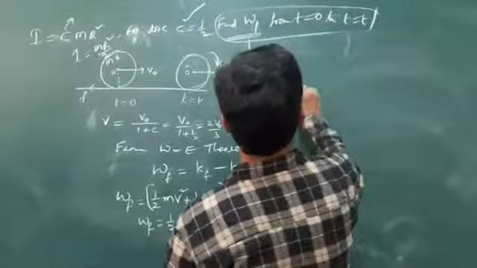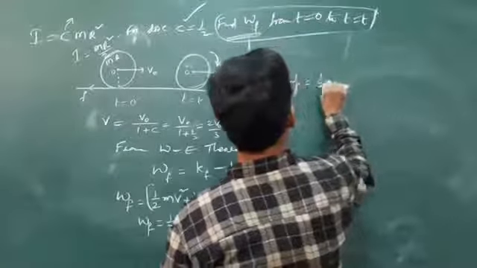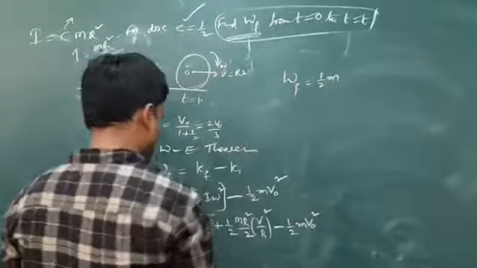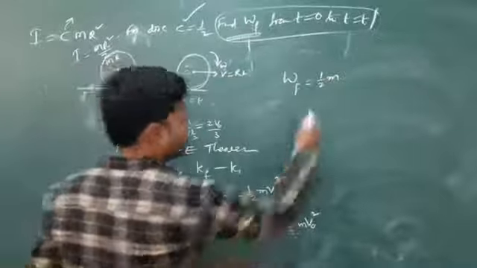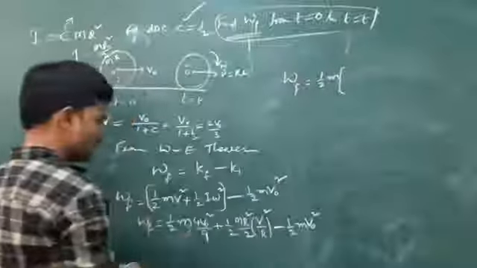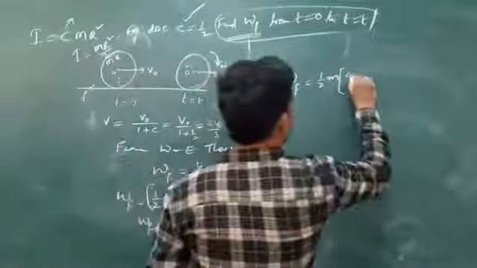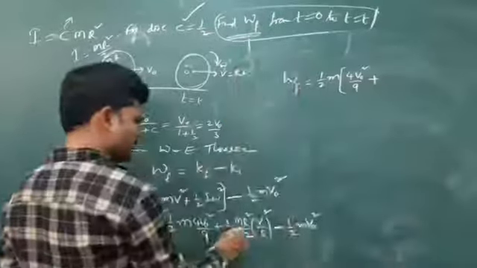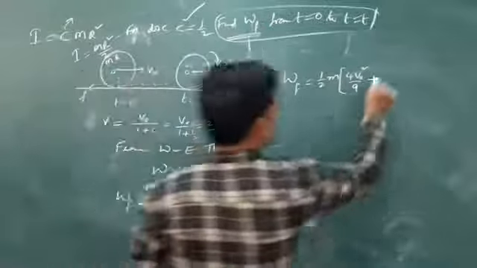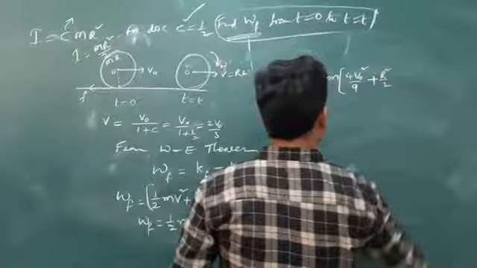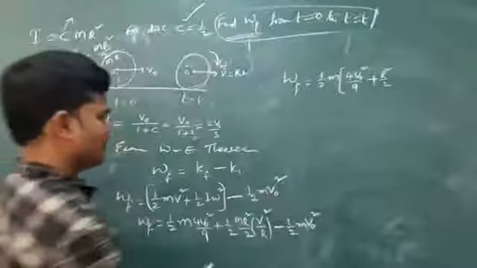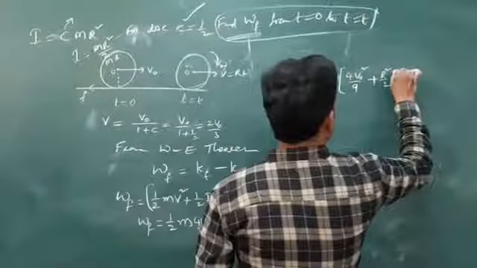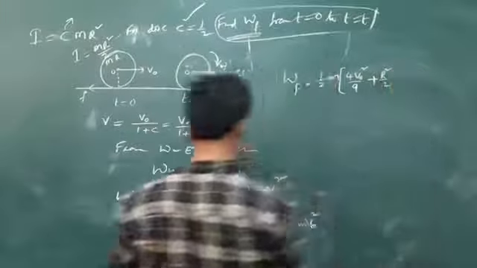So work done by the frictional force is half m, which is common everywhere, you take it out, 4v0 square by 9, plus r square by 2 times v square by r square.